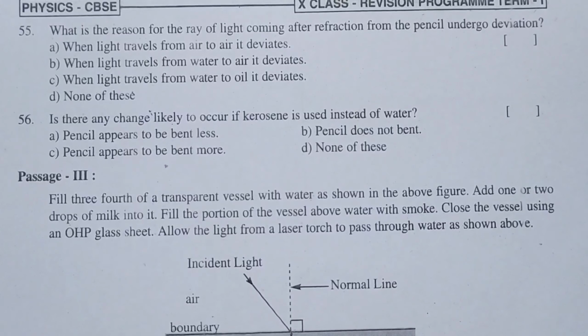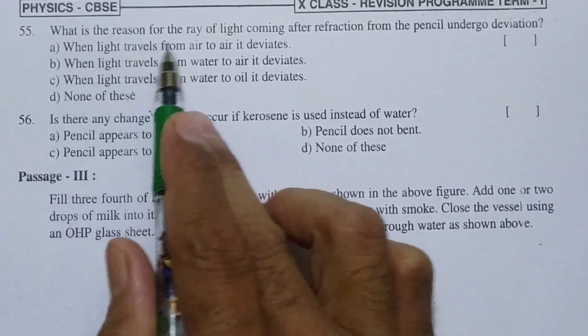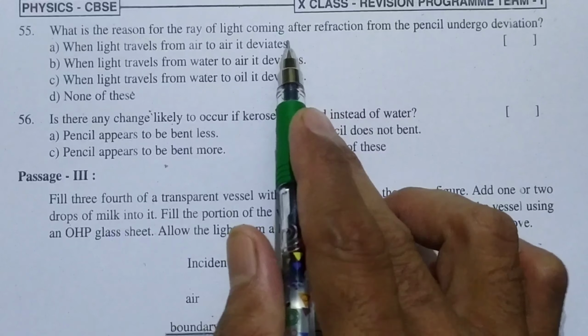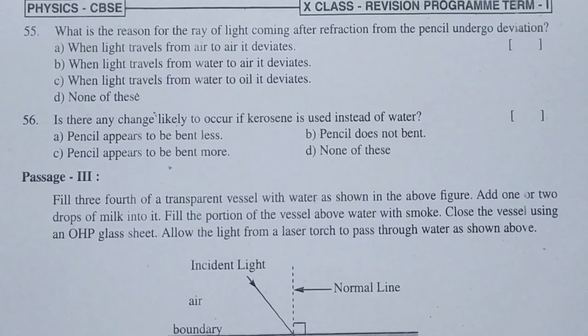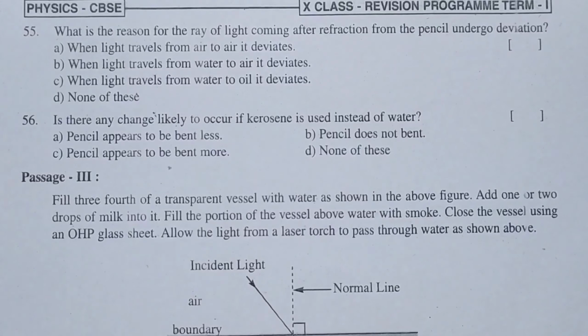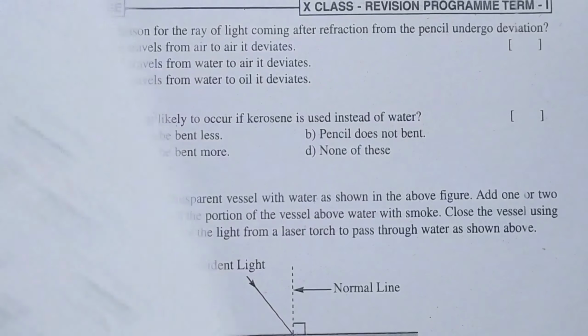Now we see question number 55. What is the reason for the ray of light coming after refraction from the pencil to undergo deviation? Let us understand that. Let us see why it is getting refracted from the bottom of the pencil when it comes out.